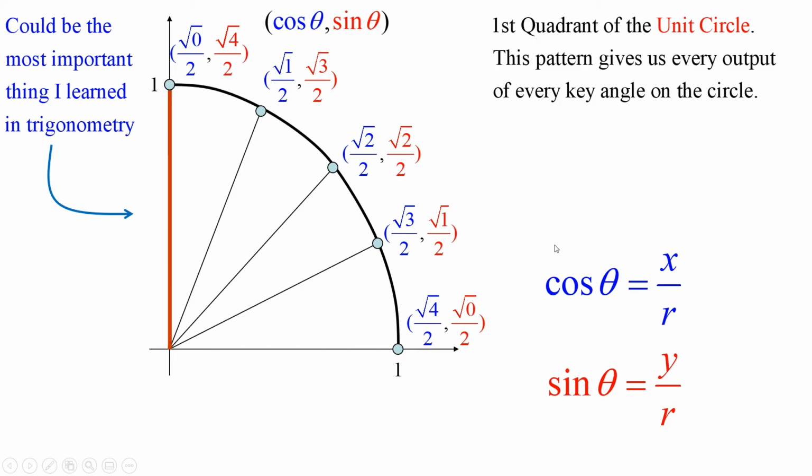So these are the key angles on the unit circle that we use for reference angles, including our quadrantal angles of 0 degrees or 0 radians, and this one, 90 degrees or pi over 2 radians. This could be the most important thing I learned in trigonometry. It allowed me to find the outputs of sine and cosine and every other trig function on every key angle on the unit circle.